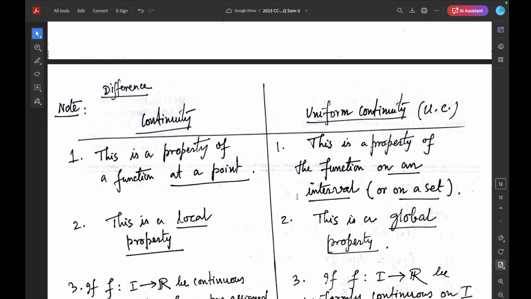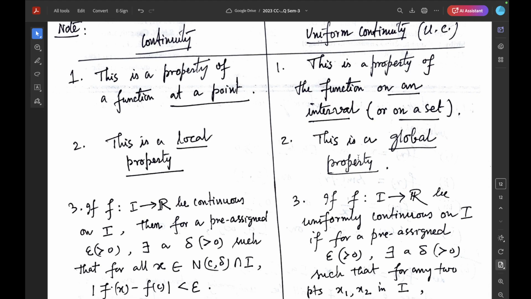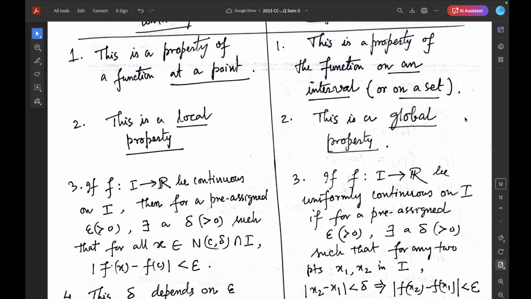Now what is the difference between continuity and uniform continuity? Continuity is a property of a function at a point, whereas uniform continuity is a property of a function on an interval or on a set. Continuity is a local property and uniform continuity is a global property.